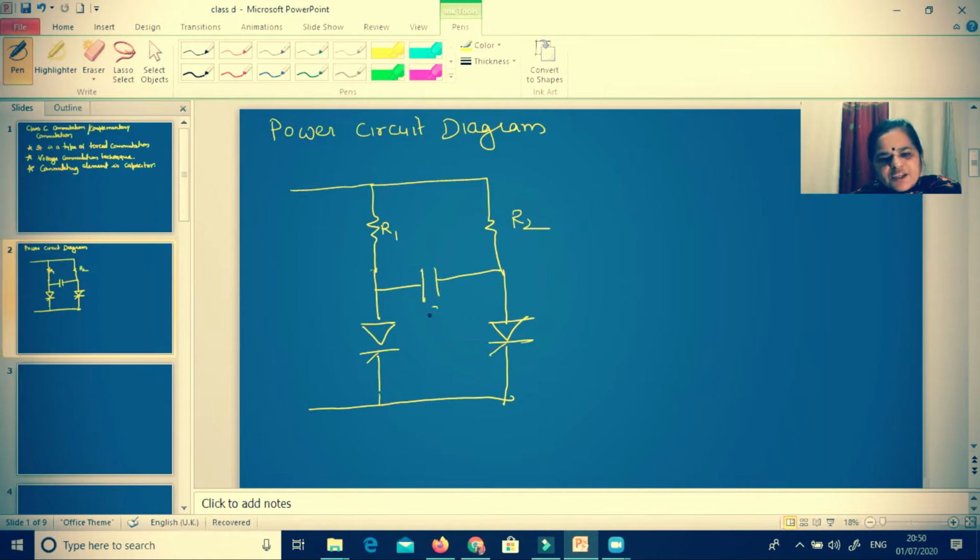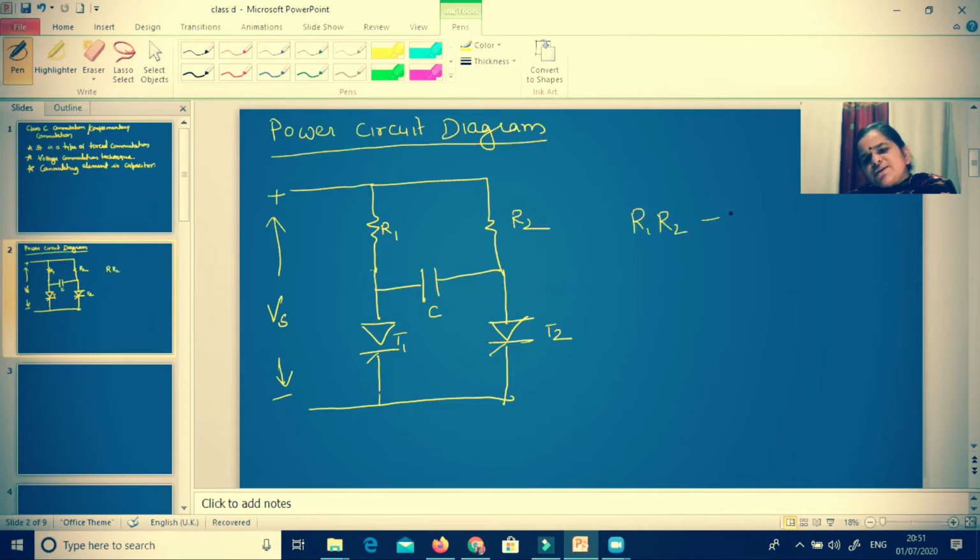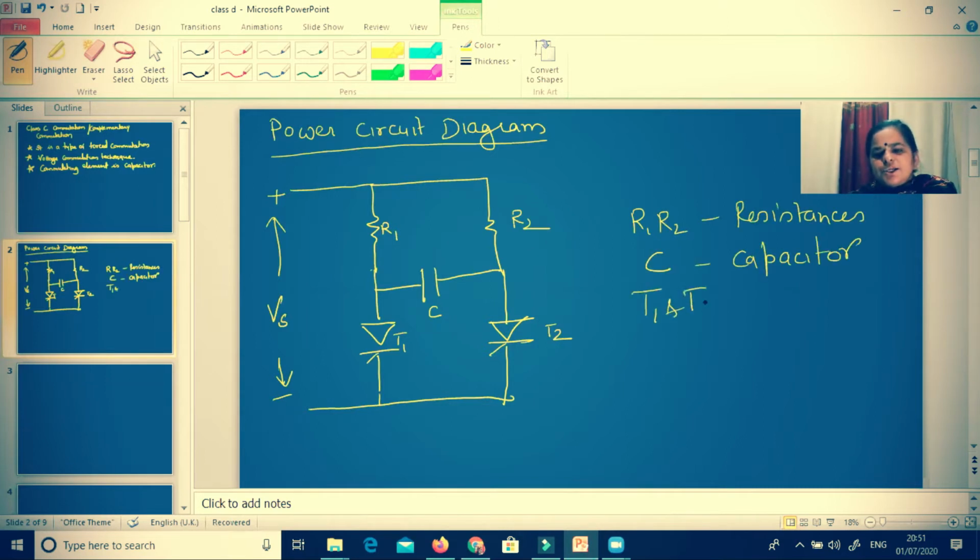This is the capacitor, this is T1, this is T2, and here we connect the supply voltage, which is DC, Vs. So the power circuit diagram has two resistances, R1 and R2, C is the capacitor, and T1 and T2 are the SCRs.